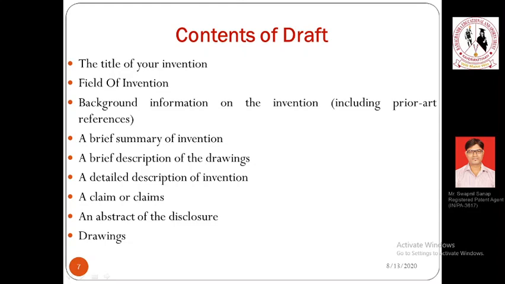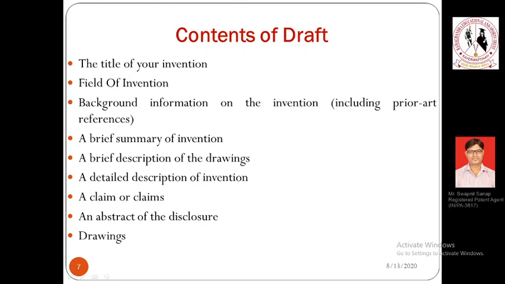The detailed description of the invention is the elaborative section of the specification, which helps you give the details of the invention to an extent that makes the person understand what the invention is, how it is implemented, along with the examples and all the details required for a person to implement it.